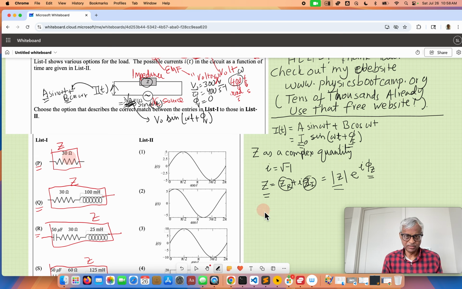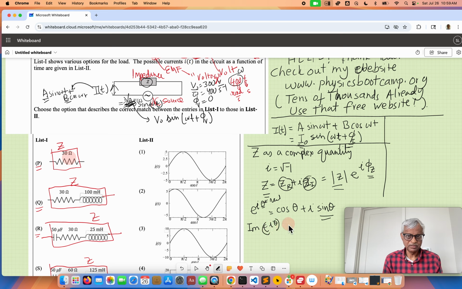There's another really incredible formula in complex quantities: e to the power i theta is cosine theta plus i sine theta. If I were interested in just picking up the sine part after I do all the calculation, I can say, give me the imaginary part of e to the power i theta. Then that just becomes sine theta.